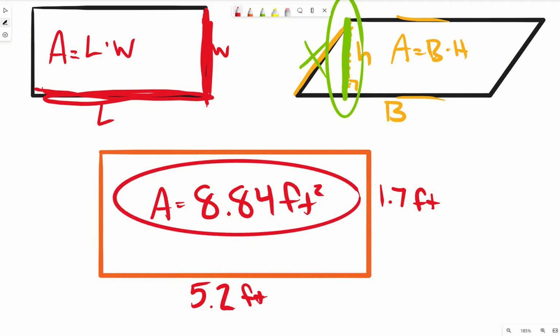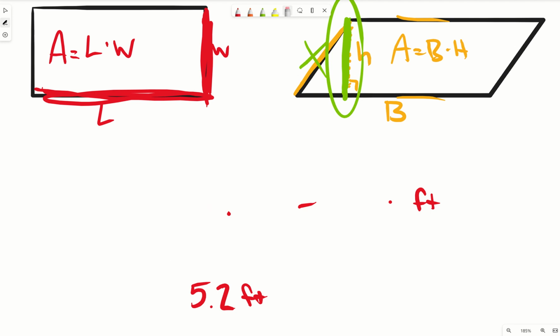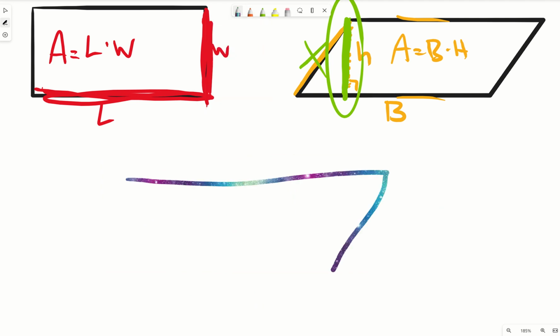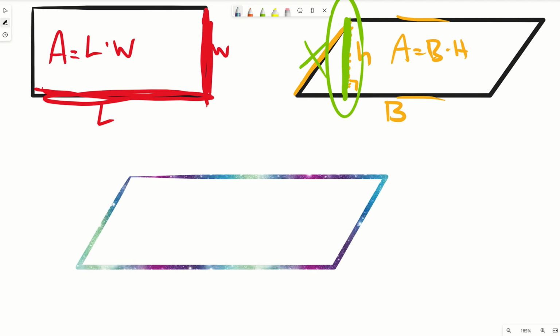All right, those are rectangles, right? It's not too complicated. Times two numbers together. Parallelograms work very, very similar. Let's say I've got this galaxy parallelogram. Looks like this, and I've got a height of 3 and a base of 10.